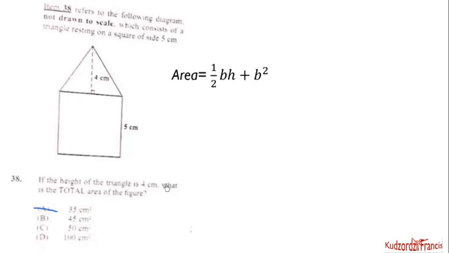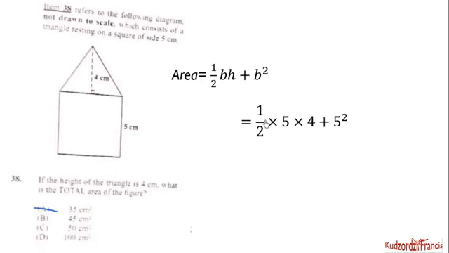So total area will be area of triangle, which is half BH, plus the area of the square. The length of the base of the triangle is the same as the length of the square.